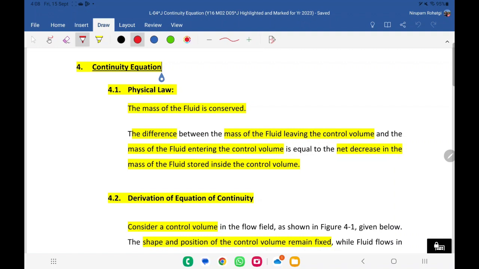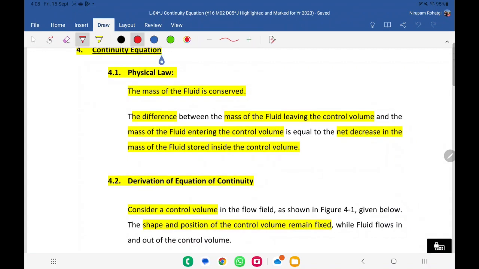Now, the continuity equation represents one physical law: the mass of the fluid is conserved.